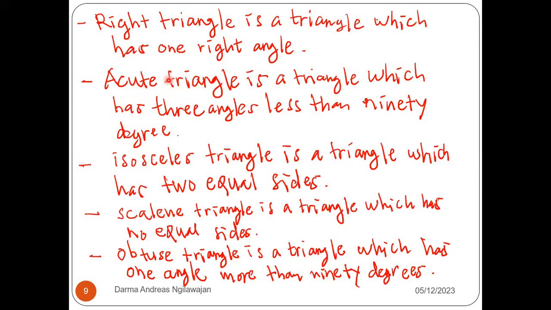Read in English for sure. Saya, Pak. Okay, go on. Silakan. Acute triangle is a triangle which has triangles less than 90 degrees.